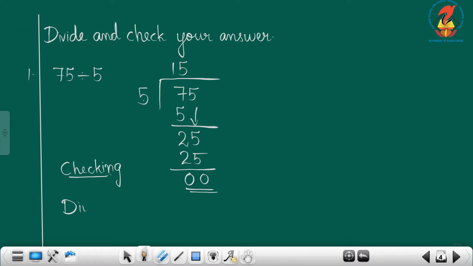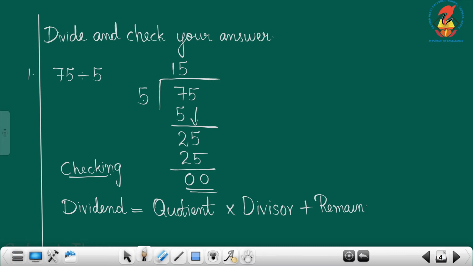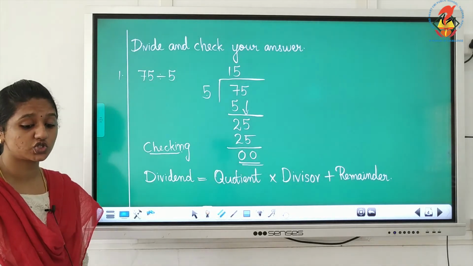Checking: dividend is equal to quotient into divisor plus remainder. Okay. So this is the equation for checking.